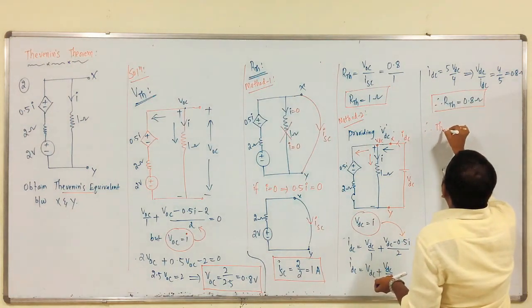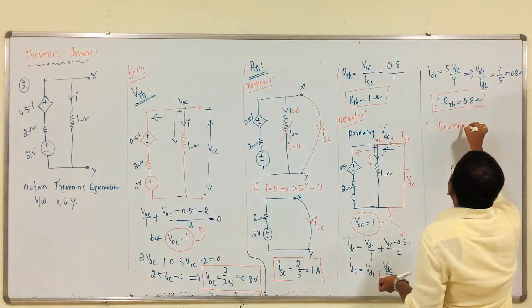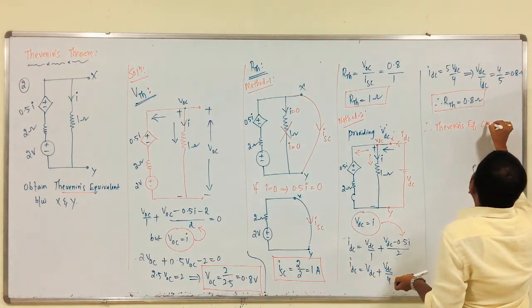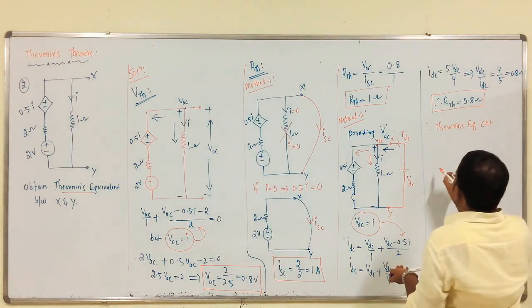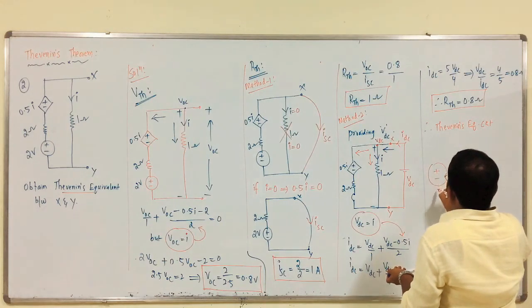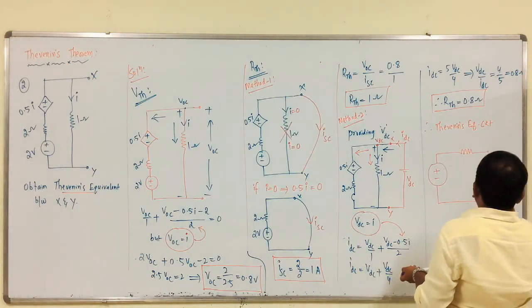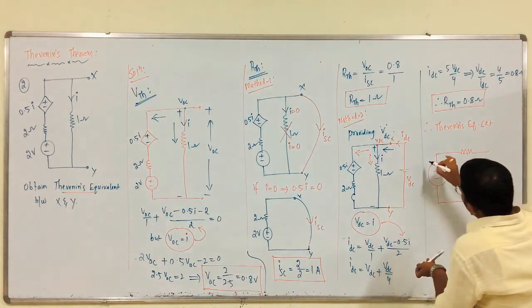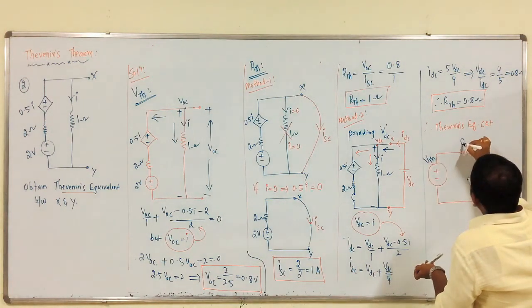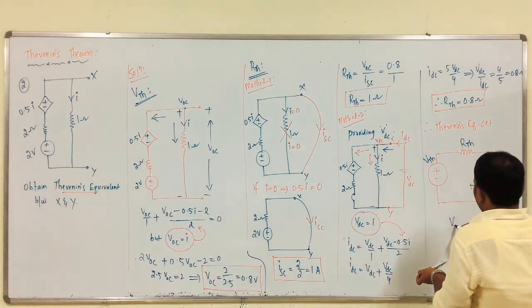Therefore, Thevenin's equivalent circuit is what? Plus minus, this is VTH, this is RTH. VTH is what?